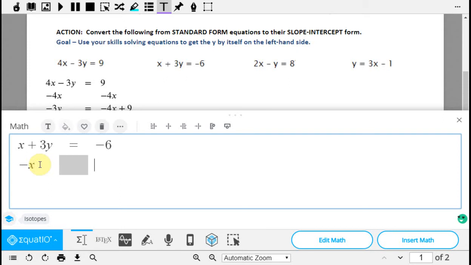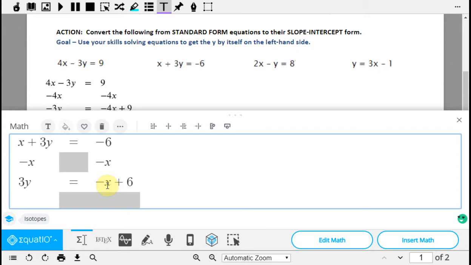Subtract x from both sides. That leaves us with 3y equals, again, we're going to write the x term first, minus x plus 6.